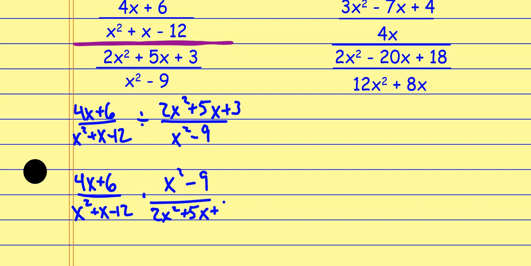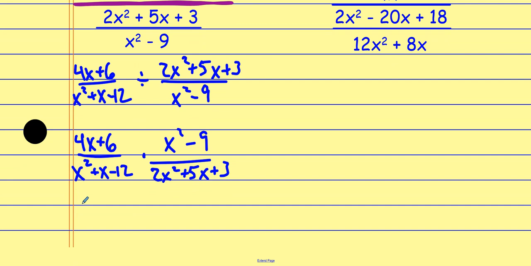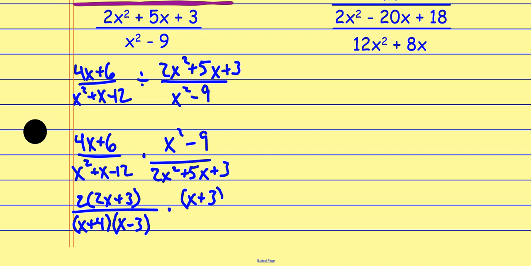And if this now looks familiar, it's because it is. We did this one on the previous page. But here we go. Let's work through it. Here I can factor a 2 out. Leaves me with a 2x plus 3. Denominator, build a bridge. I get to use my shortcut. It's an x plus 4 and an x minus 3. Over here, difference of squares, x plus 3, x minus 3. And then the denominator, take it off to the side.